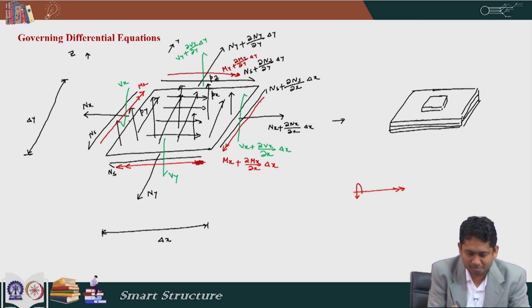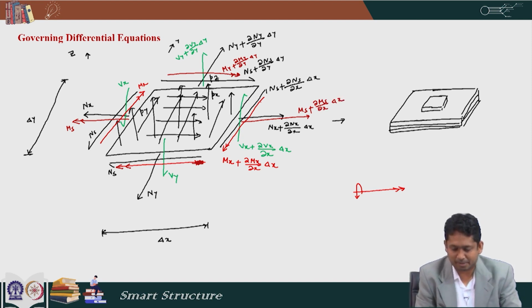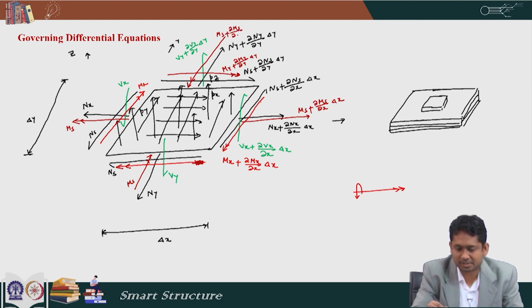And then we have the moment ms, that is a twisting moment, and ms plus del ms by del x multiplied by delta x, and similarly there can be ms here, and ms plus del ms by del y multiplied by delta y.